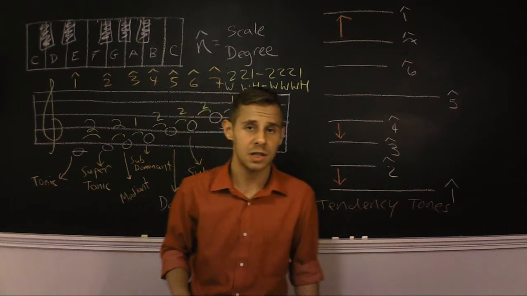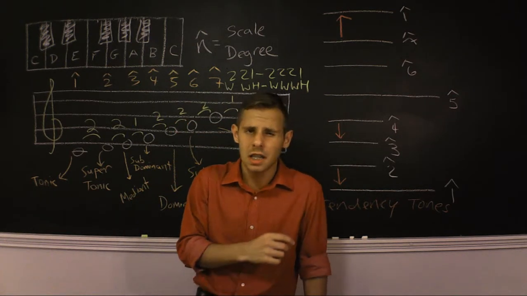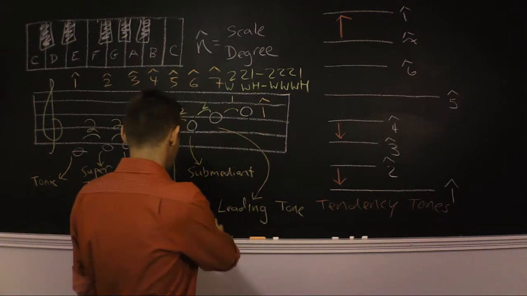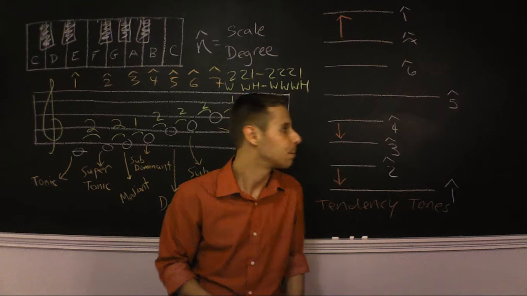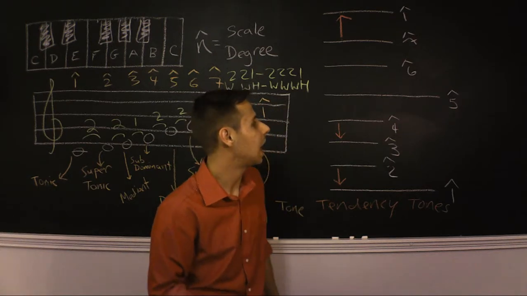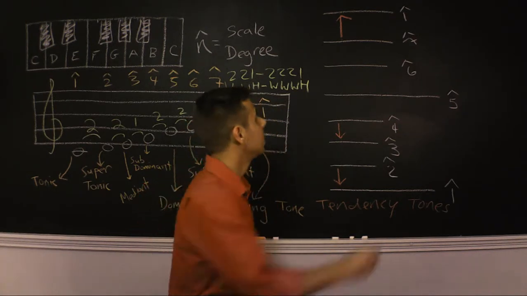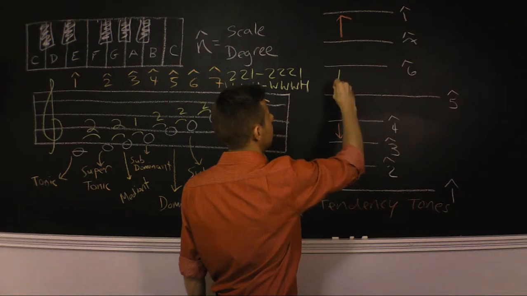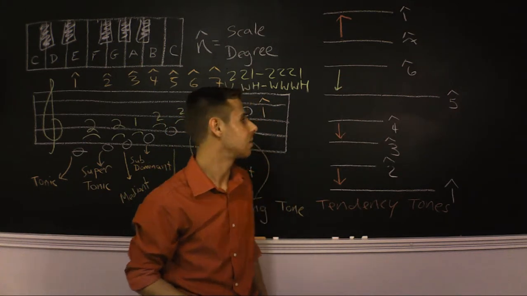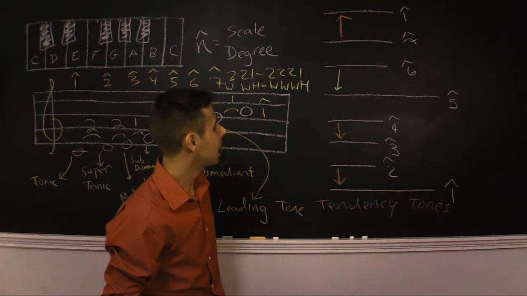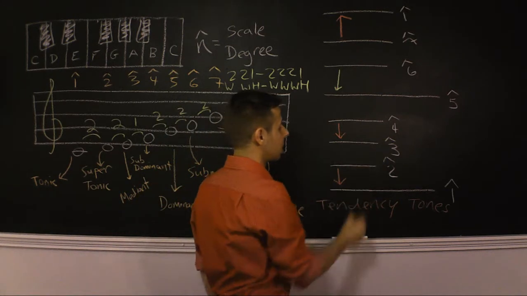Now I'm going to swap over to the yellow chalk and show you the ones that are a little less sticky, if you will. They really don't have as much power. 6 to 5. 6 to 5 is also a useful tone, but it's not super powerful. And sometimes we can do 3 to 1.